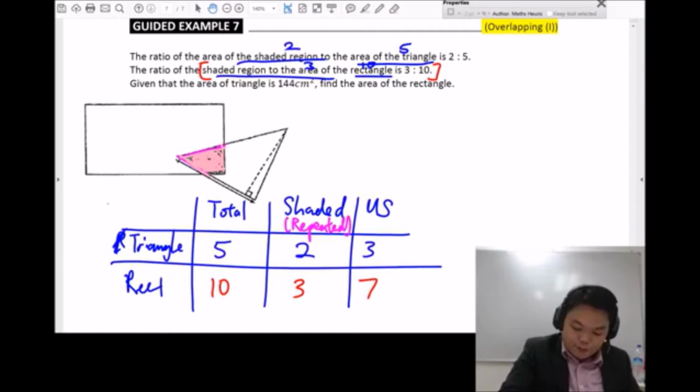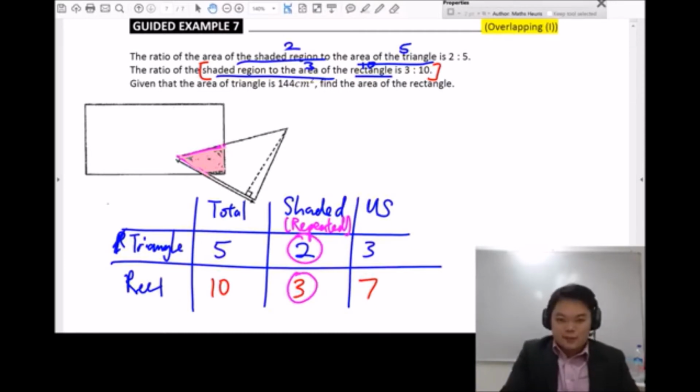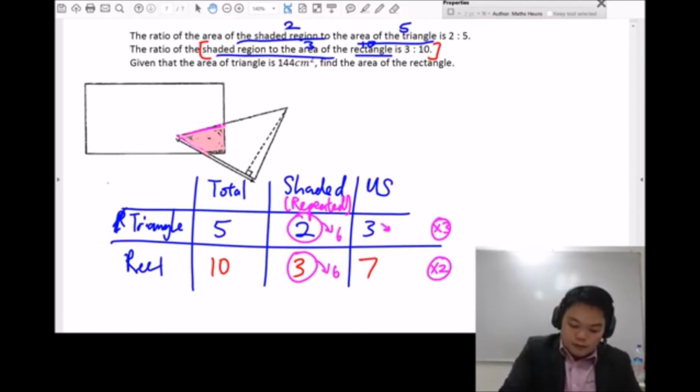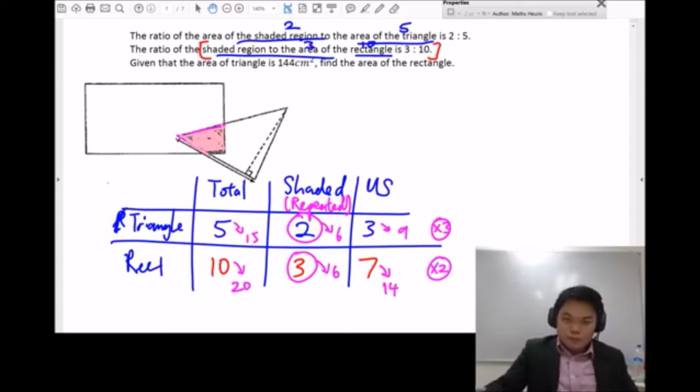And when they are repeated, we say that these two are equal, make them the same. So lowest common multiple between 2 and 3 is 6. So to get this guy to 6, the first row needs to be multiplied by 3, the second row needs to be multiplied by 2. Then this would become 9, this would become 15, this would become 20, this would become 14.